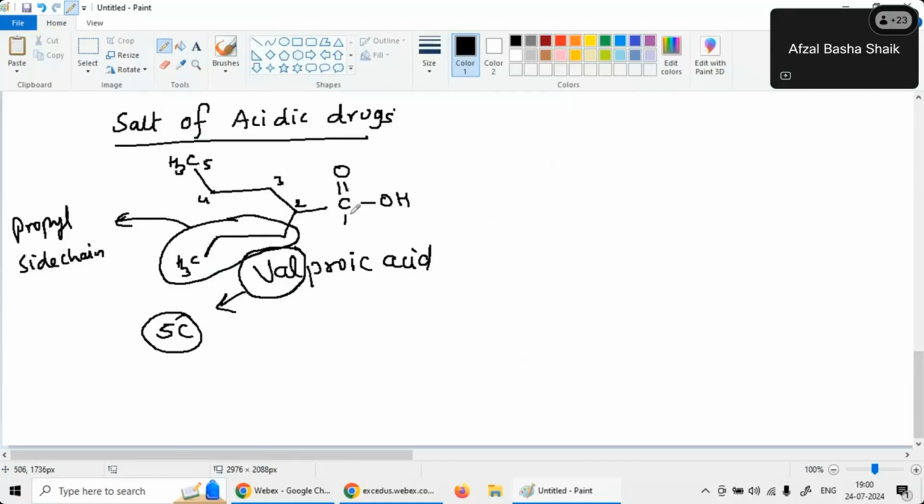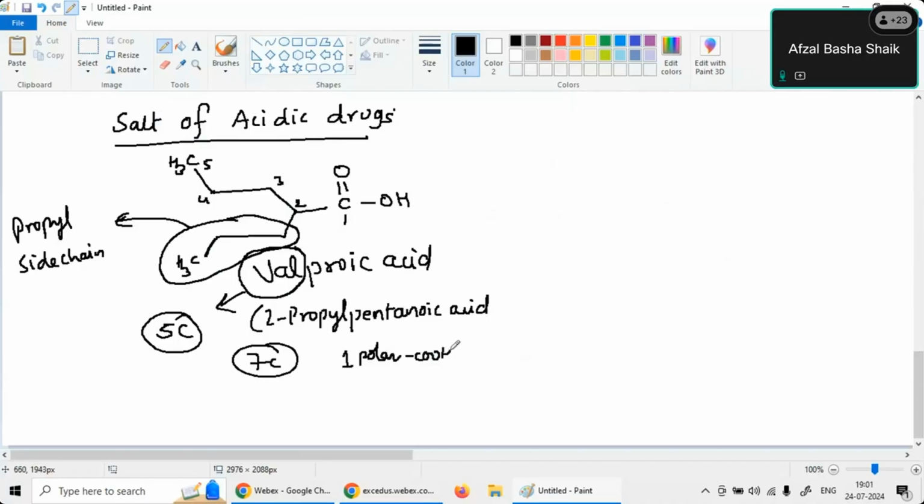This is 2-propyl pentanoic acid. Valproic acid is 2-propyl, and the total number of carbon atoms is 5, right? That is why it is 2-propyl pentanoic acid. The carboxylic acid is a polar group; the rest is 1, 2, 3, 4, 5, 6, 7, so you have 7 carbon atoms and 1 polar COOH group.